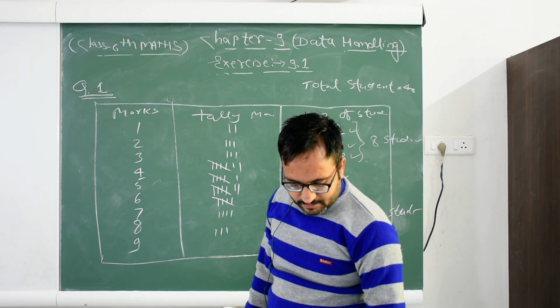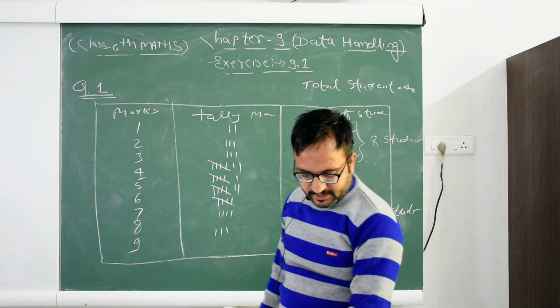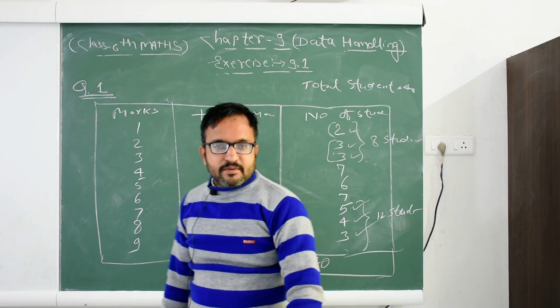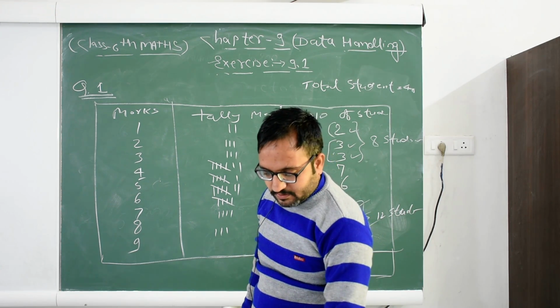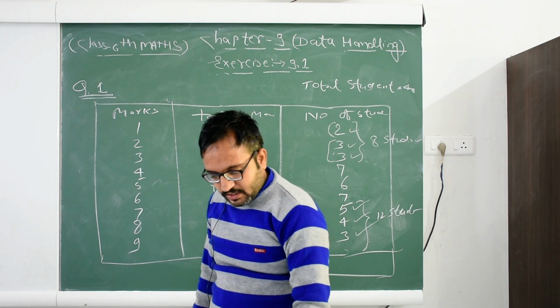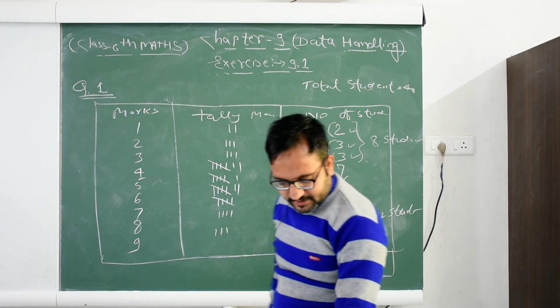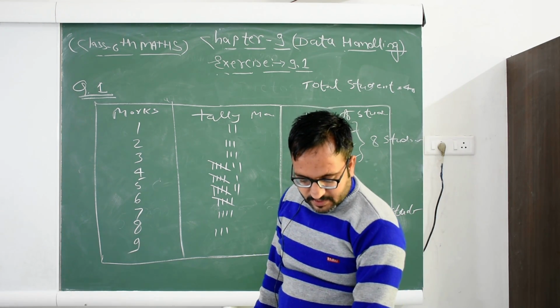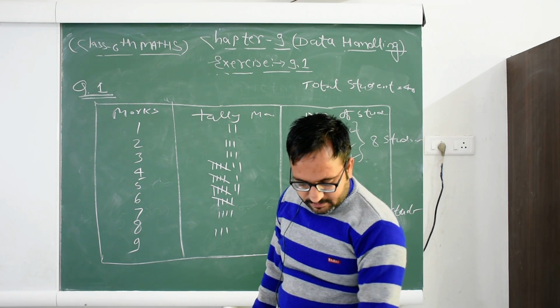So village A, B, C, D and E. We have 5 villages A, B, C, D and E. Now according to this table we try to answer particular questions. Your first question is, which village has the minimum number of tractors? So now see this table.